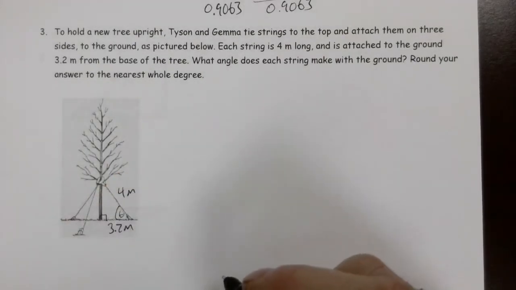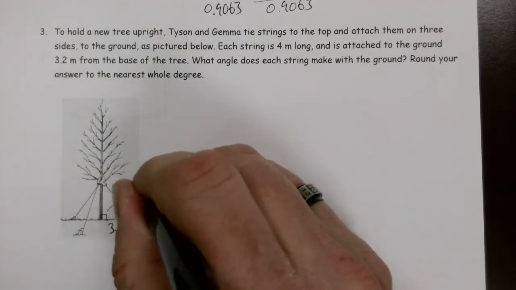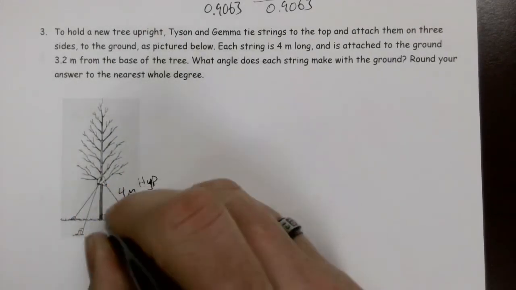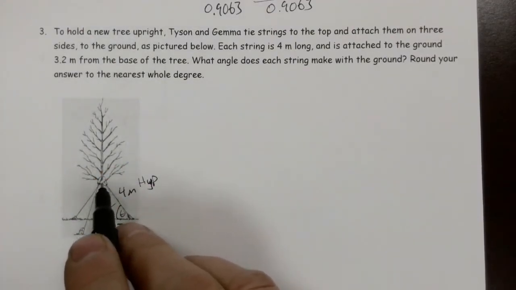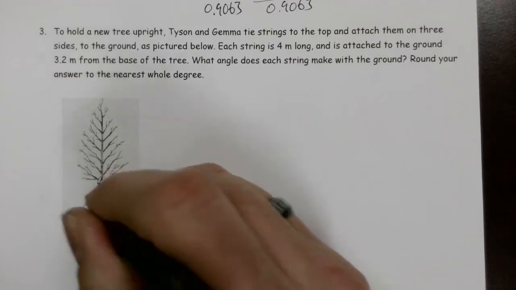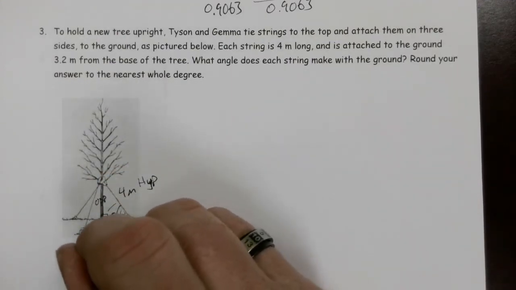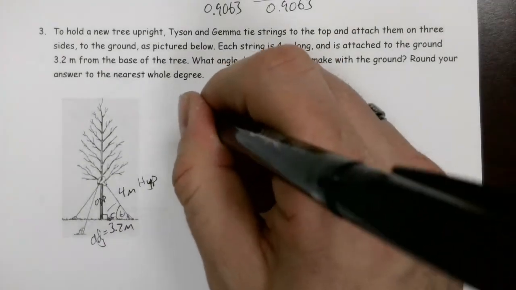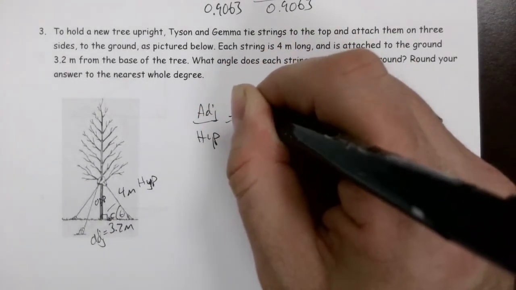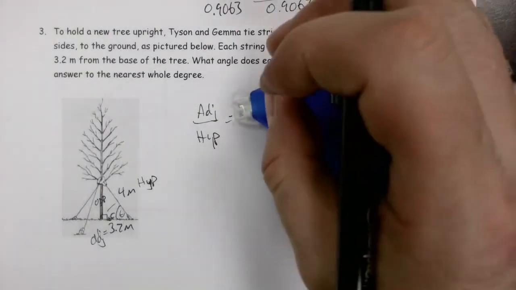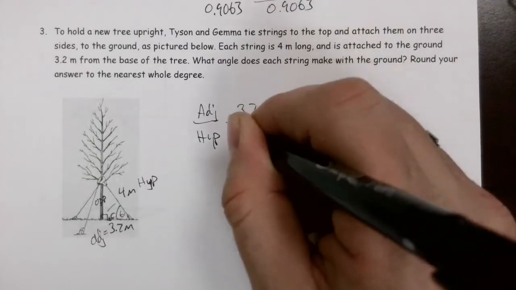We're going to assume that the tree is perpendicular to the ground. So there's my 90 degrees, which makes this the hypotenuse. The side from the ground up to where the connections are, that would be the opposite. I don't know what that is. So this 3.2 must be the adjacent. So my adjacent divided by the hypotenuse is going to be 3.2 meters divided by 4 meters.